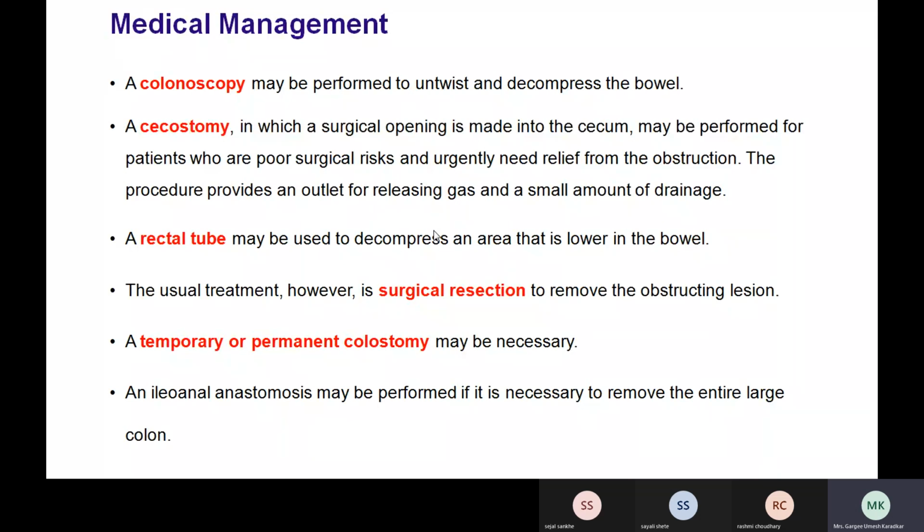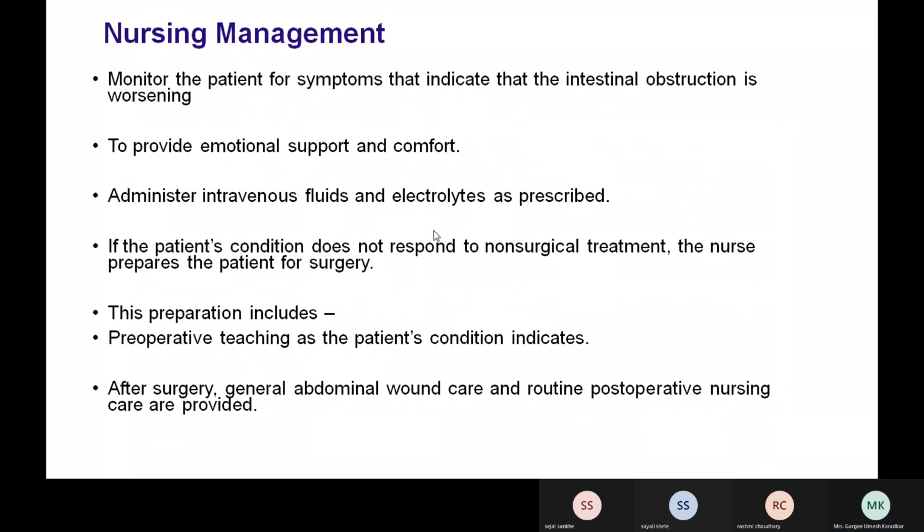They may also do an ileoanal anastomosis, which may be performed if it is necessary to remove the entire colon. The ileum will be directly attached to the anus, that is the rectum. So in case of a really large obstruction, they will remove the entire large colon. That is the management in large bowel obstruction.